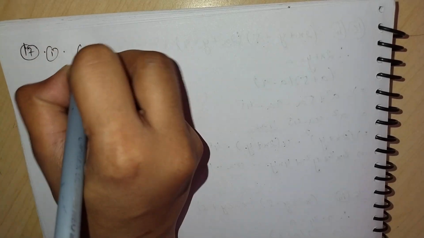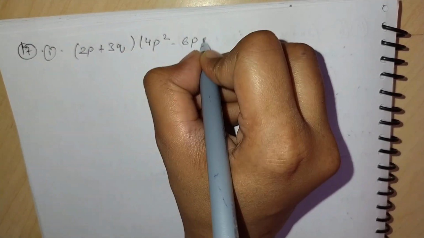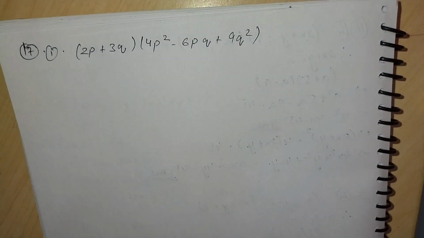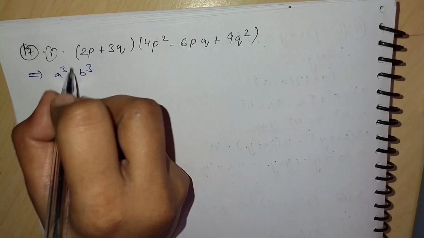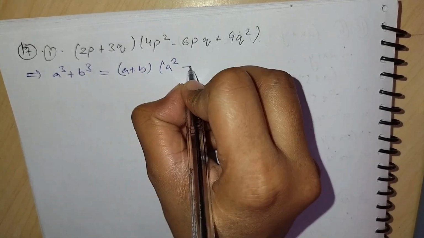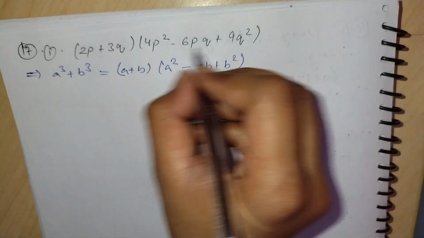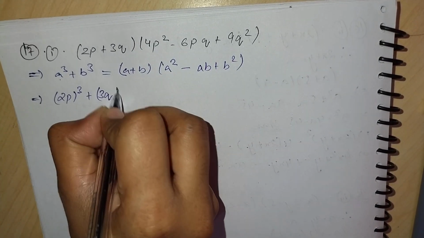Now the 17th first part here is 2p plus 3q and 4p square minus 6pq plus 9q square. So here we will put it as a cube plus b cube formula, because a cube plus b cube is equal to a plus b, a square minus ab plus b square. So putting it in the form of a cube and b cube, we will put (2p)³ plus (3q)³.